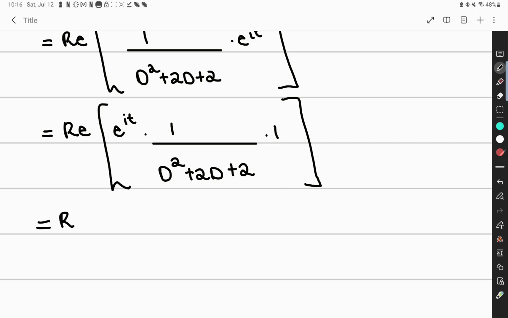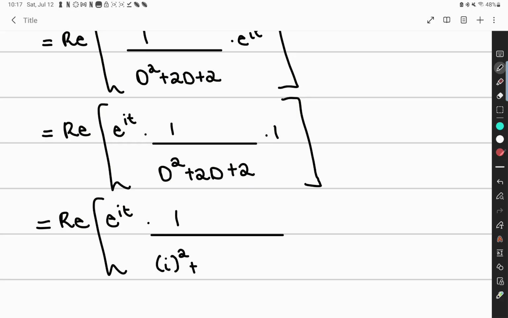So let's get cracking. It's going to be e^(it) times 1 over i squared plus 2 times i plus 2, times 1.